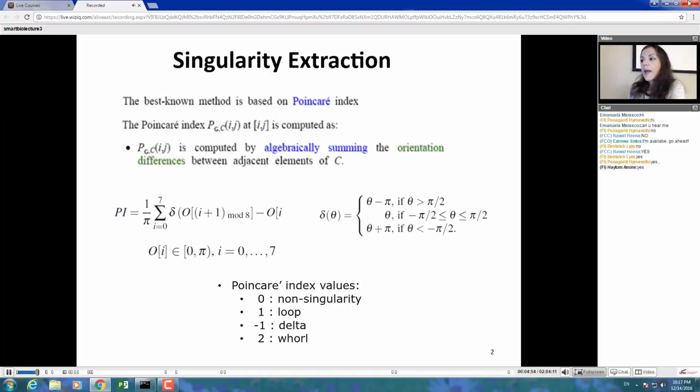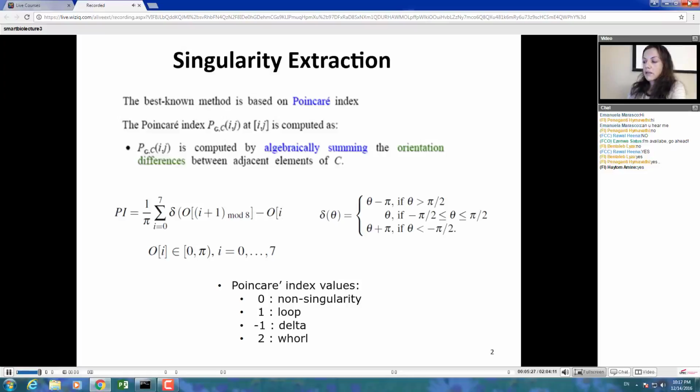If the angle is between minus 90 and 90, then we can use just theta obtained by the difference. The last case is if theta is less than minus 90, then we can sum 180 to the theta that we obtain, right?